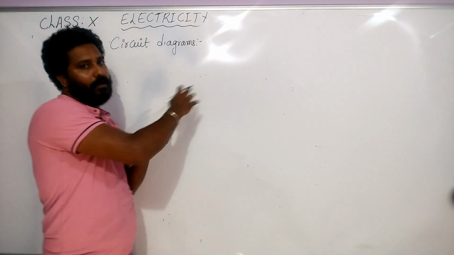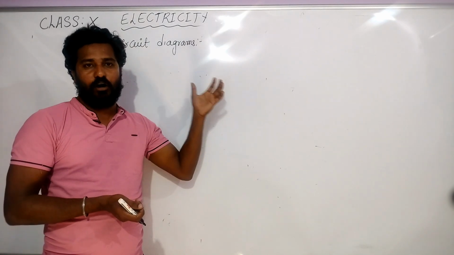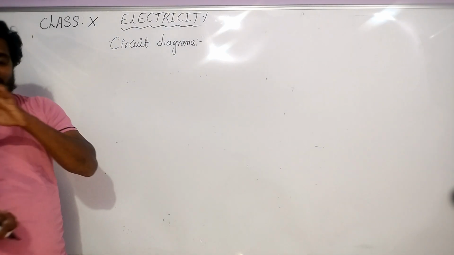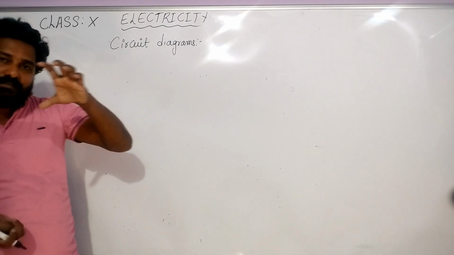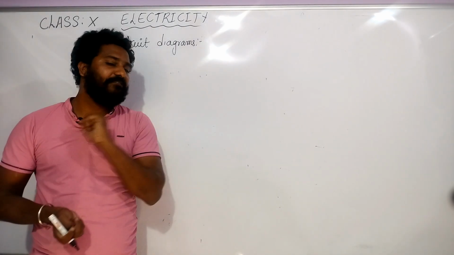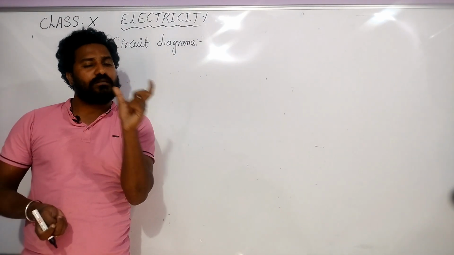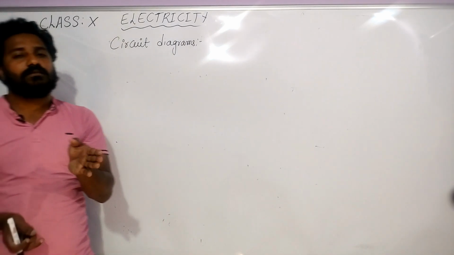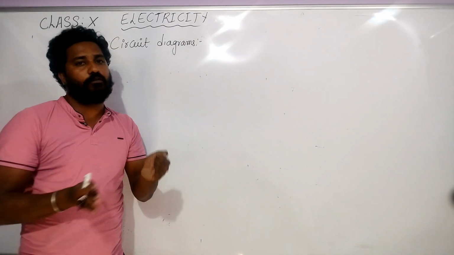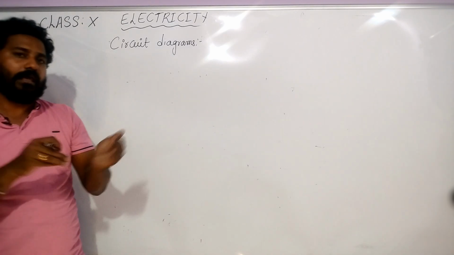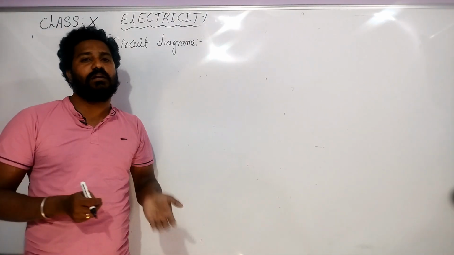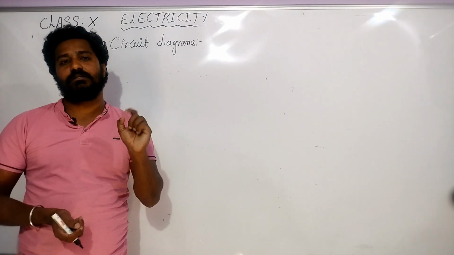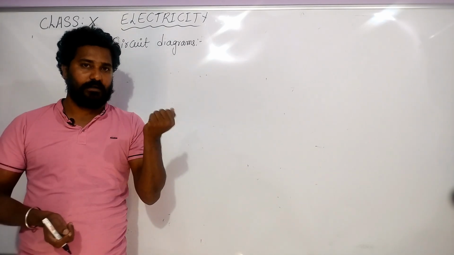I cannot draw big bulbs and ammeter diagrams like this. But for these electrical components, I will give a certain symbol. We have to assume that if I write A, it is understood that it is an ammeter. If I write V, it is understood that it is a voltmeter.